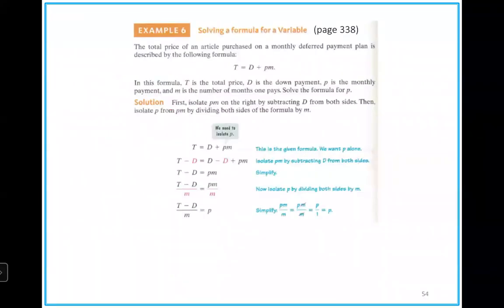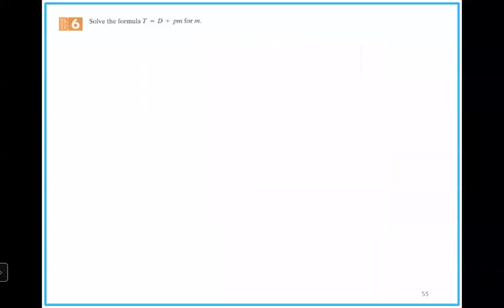Now I have another one. I'm not going to look at the example. I'm going to just go straight to this checkpoint. See if you could figure this one out. So it's T equals D plus PM, and you want to solve for M. So let's follow that same principle.